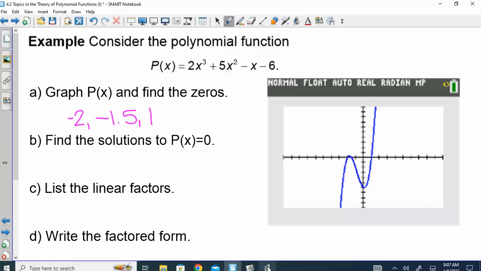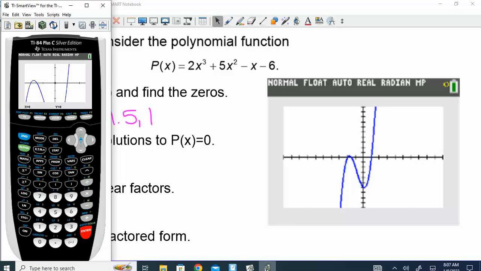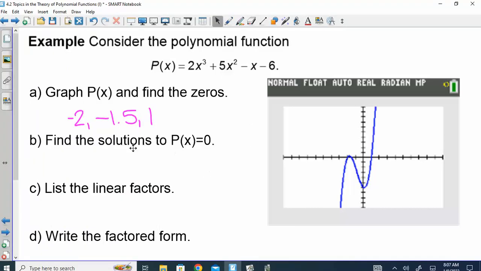Okay, so our zeros, we just list those. Zeros are just numbers. All right, find all solutions to p of x equals 0. Plug it in. Just put 0 in for p of x. Set it equal to 0. If this is equal to 0, what's x going to be?